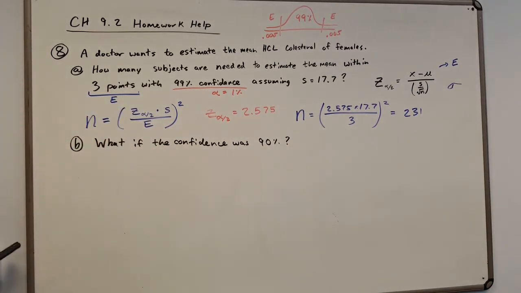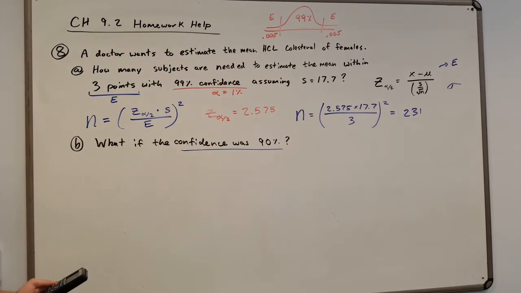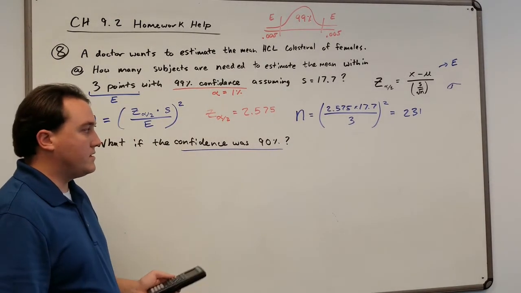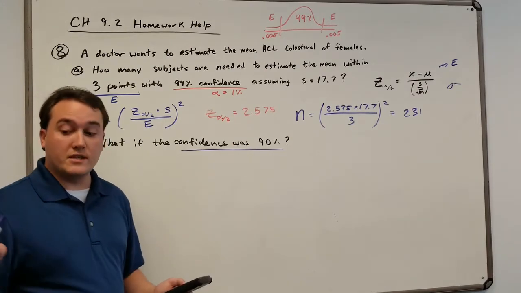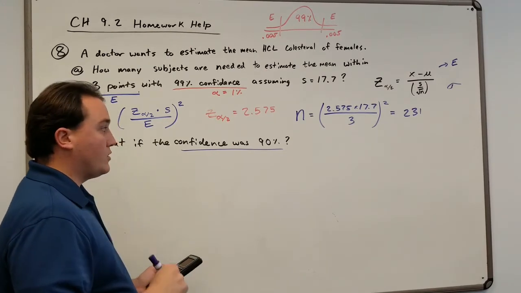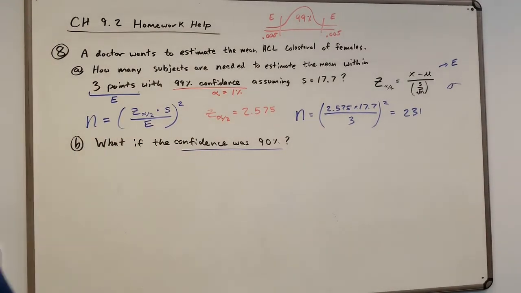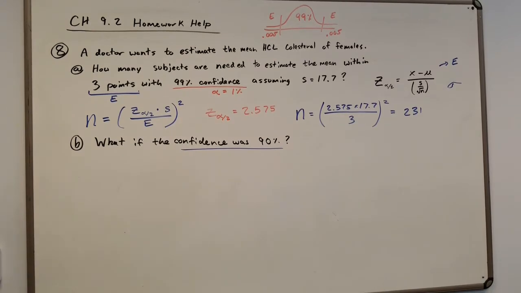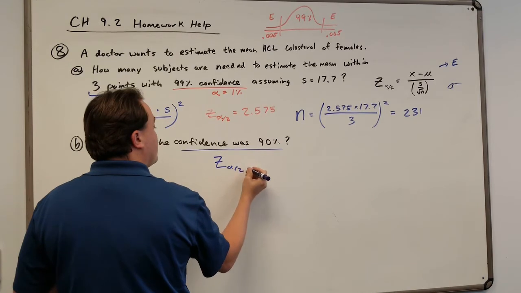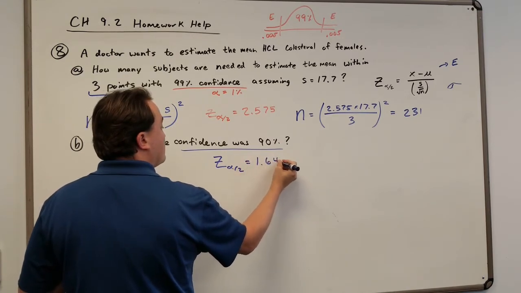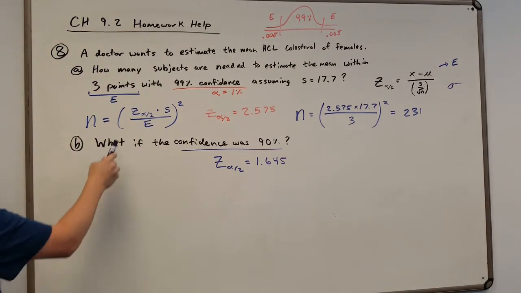All right, same thing here, but we have a different confidence. Now, on the review, I made a little table for you guys to fill out, and you're finding all these confidence intervals using the table backwards. So you have this one already, I believe. Should be on that table. When I did this, I got a 1.645. And then we just plug into this equation all over again.